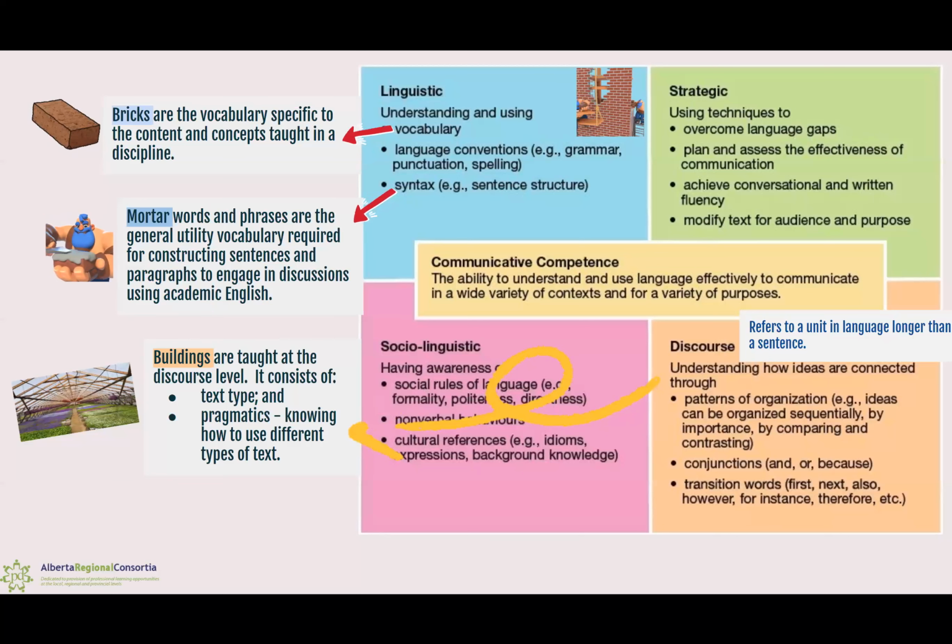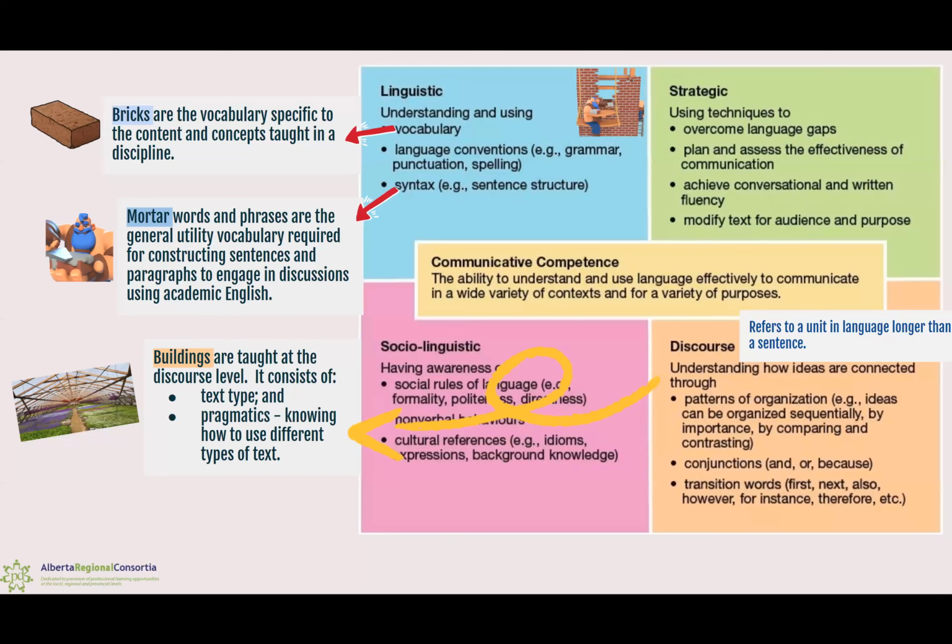So if we're talking about mathematics, quadrilateral, quadratic formula, conics, geometry, all of those kinds of ideas, those are bricks. If we're talking about science, photosynthesis, and symbiotic relationships, and whatever it may be in science, it just failed me off the top of my head.